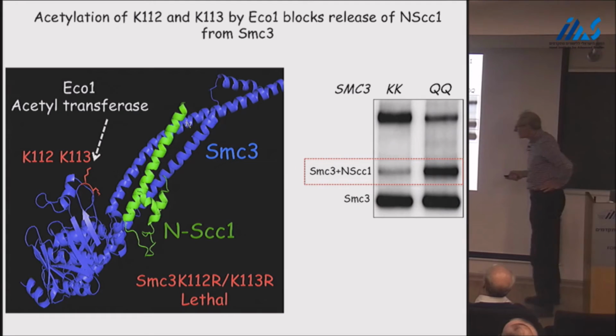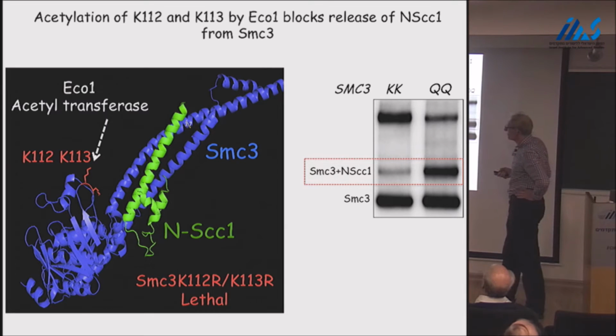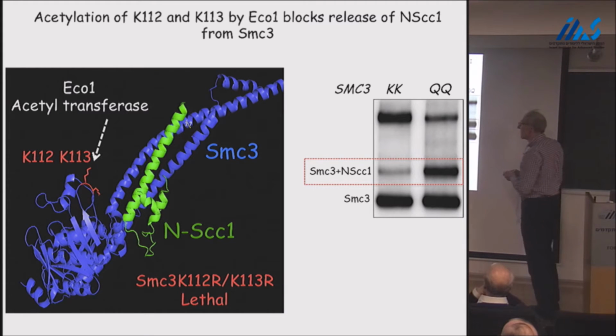Now, what sequences are acetylated? These are a pair of lysines, very conserved lysines here, in the ATPase head of SMC3. They're pretty close to the interface, which is opened up by releasing activity. Somehow their acetylation prevents this being dissociated from the coil here.